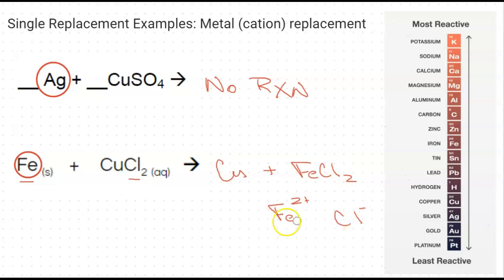If you were to choose iron with a 3 charge, you would wind up with something very similar. If you have iron with Fe3+ and Cl-, your final formula would have been FeCl3 if you had chosen the other iron ion. On an assessment, you would be instructed which of the ion charges to use.